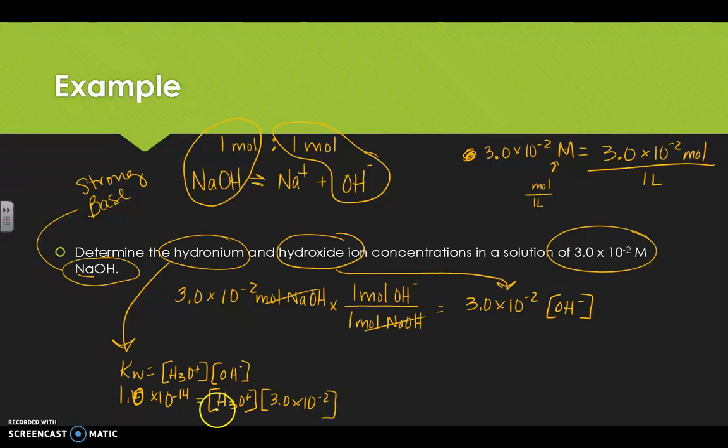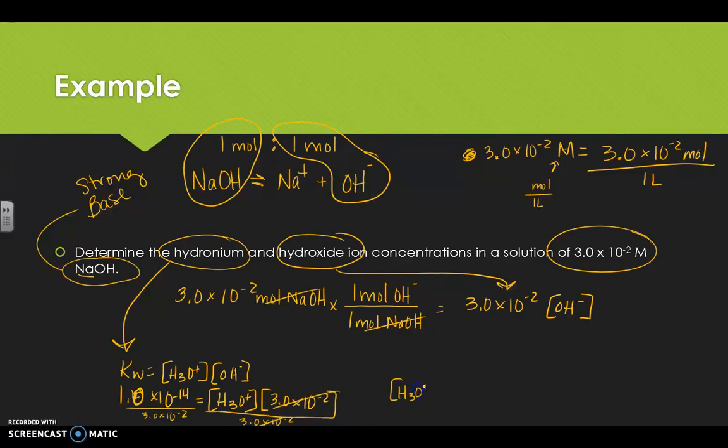Okay, so all we have to do is get H3O+ by itself. How do we do that? We divide both sides by 3.0 times 10 to the negative 2, and that cancels here.